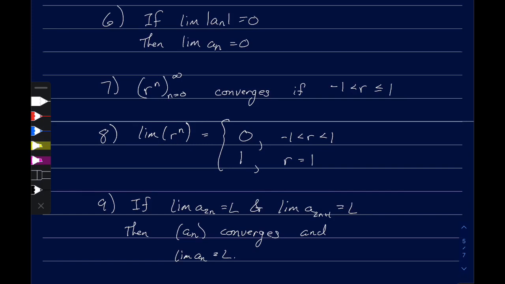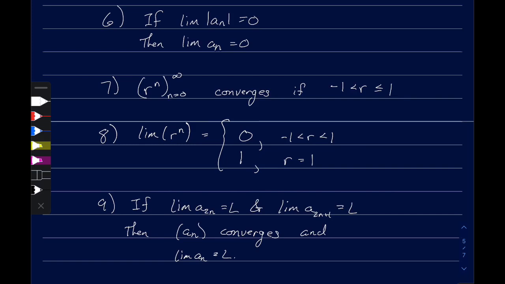And that goes into our next property of limits, that the limit of r^n is equal to 1 if r is equal to 1, and it's equal to 0 if r is between -1 and 1, non-inclusive. Now if it is -1, we'll see in a quick example that it does not converge because there are two different numbers that it bounces between.